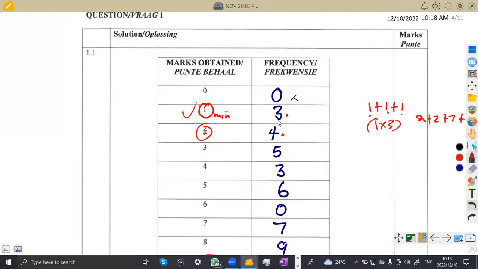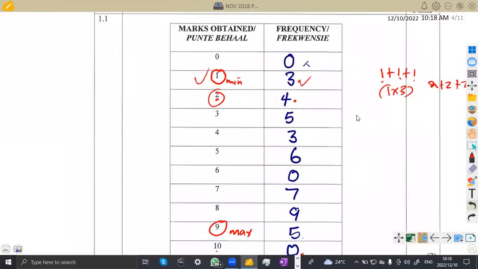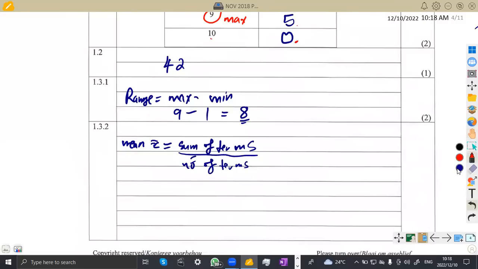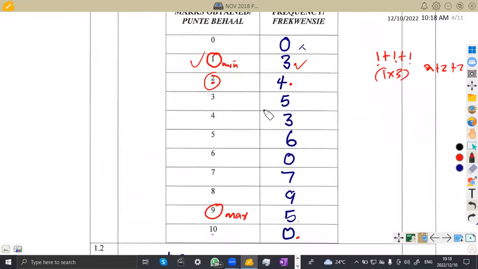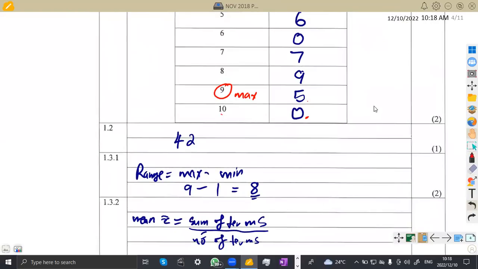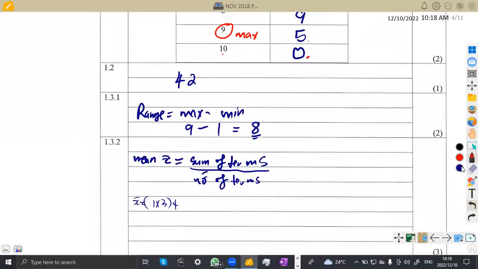This will be 1 versus 3, so we multiply 1 and 3. So our mean, x bar, is equal to 1 times 3 plus, we move on to the other one, which is 2 versus 4. So it's going to be 2 times 4 here, plus 2 times 4.